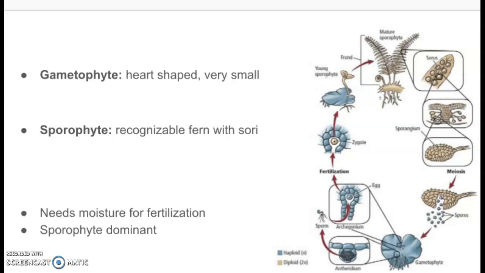This is all for the vascular non-seed or seedless plants. If you have any questions, make sure you ask, and make sure you understand the differences and similarities between mosses and ferns.